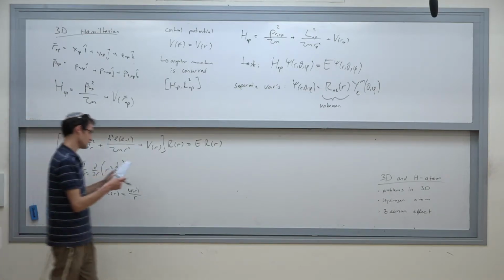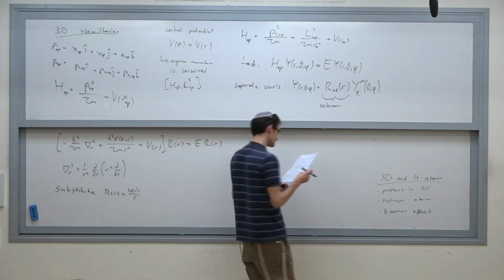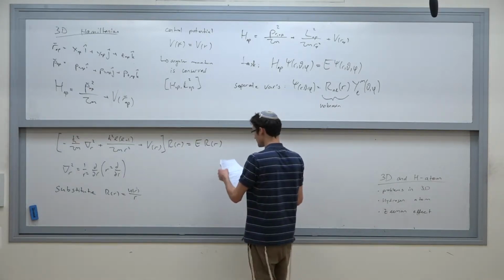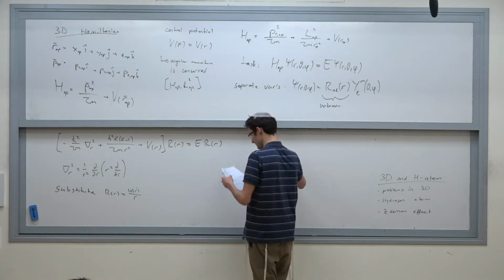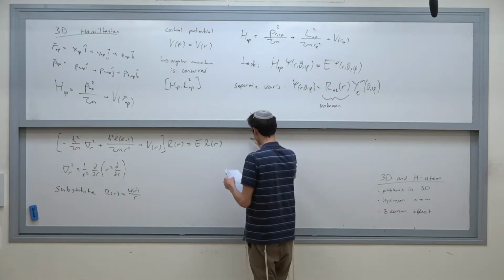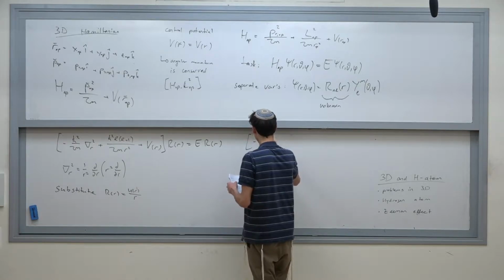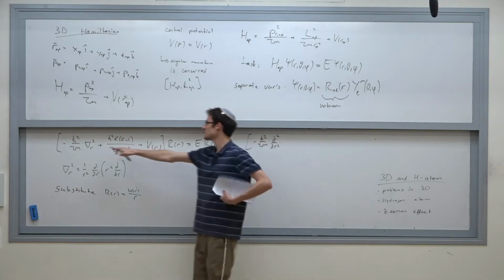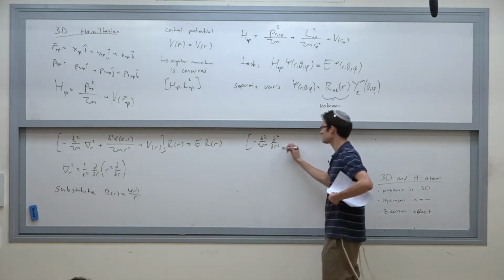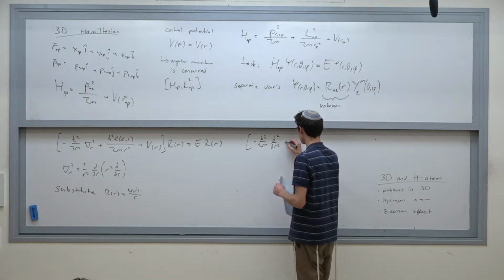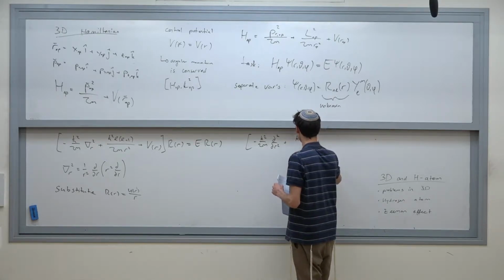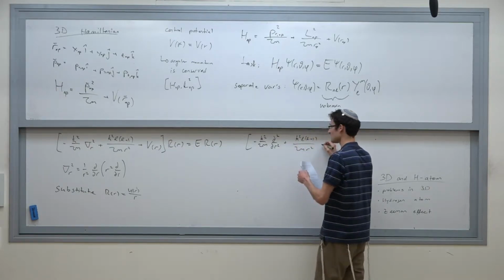It's a neat trick because when you do this, the Schrödinger equation reduces to a very simple form. Basically what happens is that this Laplacian operator just becomes a regular second derivative over r. That's the main point. And then the rest just remains as it was.